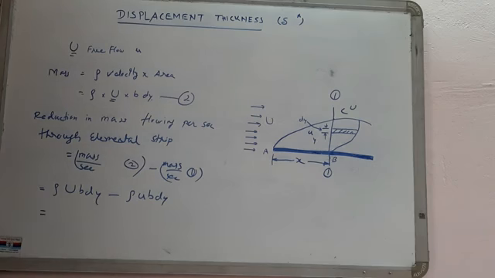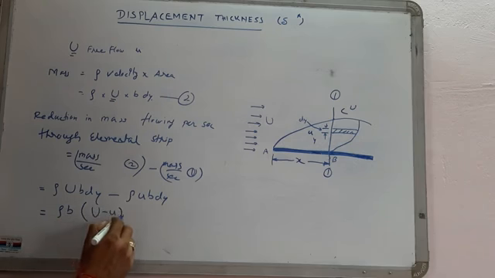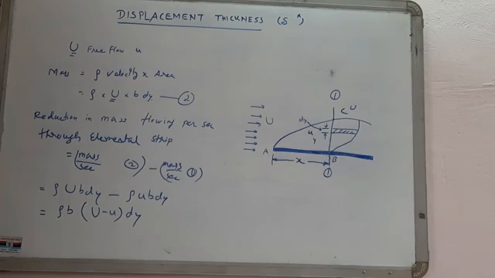Keeping rho b common, it is rho b (U minus u) dy. So this is the reduction in mass of fluid flowing through BC due to the plate.